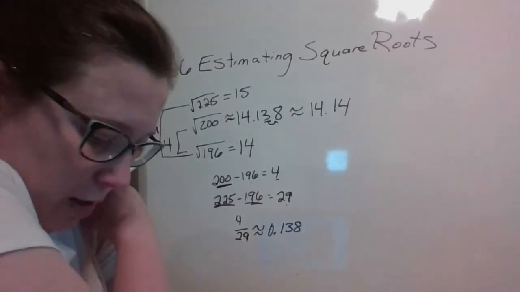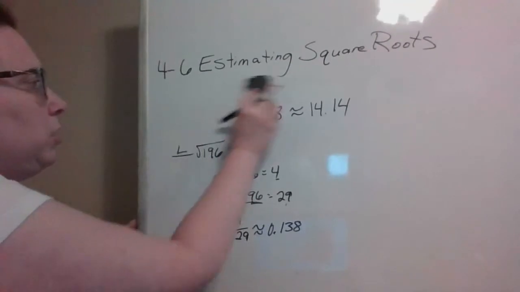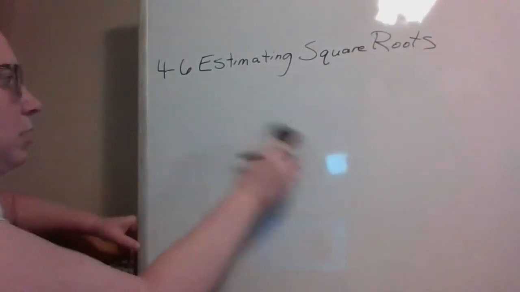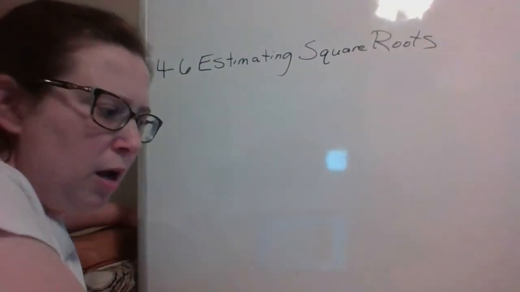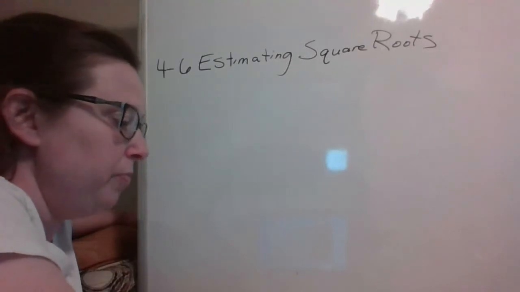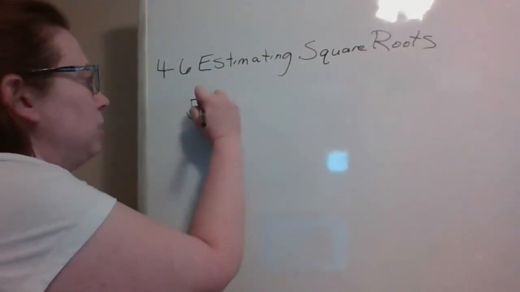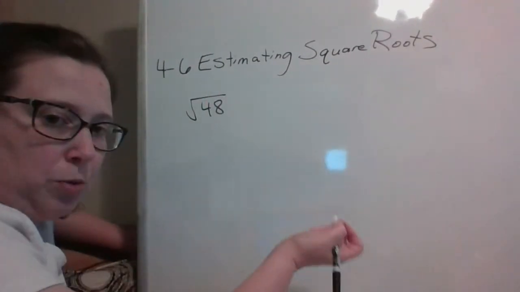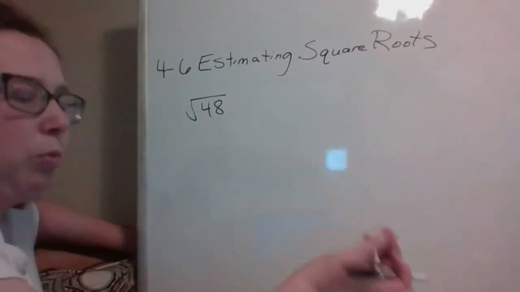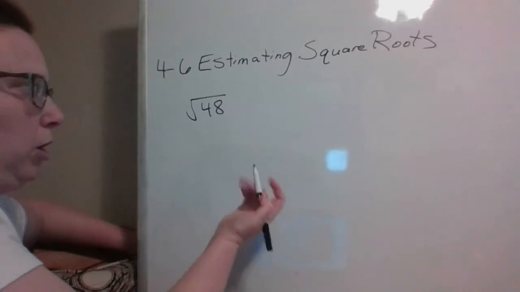What I want to look at next is page 190. So 190, 191, your textbook adds this as kind of a sidebar, but this is actually super important when you get into algebra. So I want to make sure that we go over this and how it works to simplify a square root. So if we have the square root of 48, what we want to do is find any perfect square that's in this number.